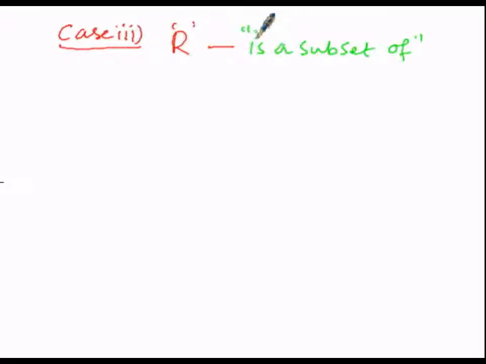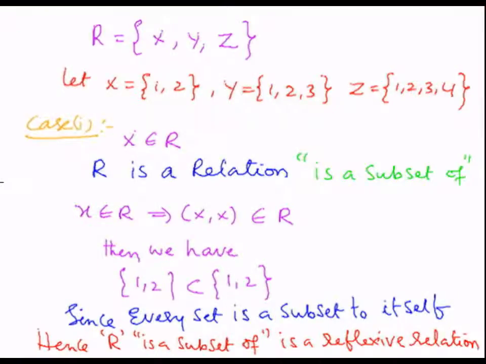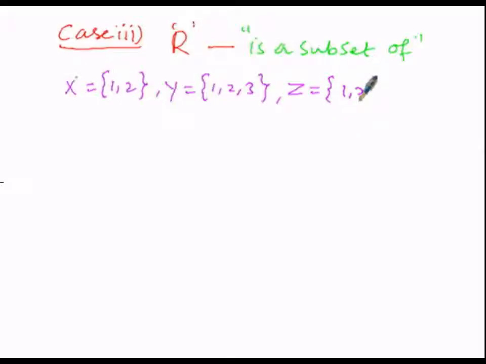Here let us consider all three sets: x, the elements of the first set, are 1 comma 2, then y is 1 comma 2 comma 3, and as assumed, z is 1 comma 2 comma 3 comma 4.